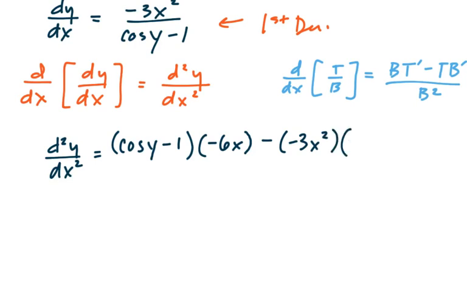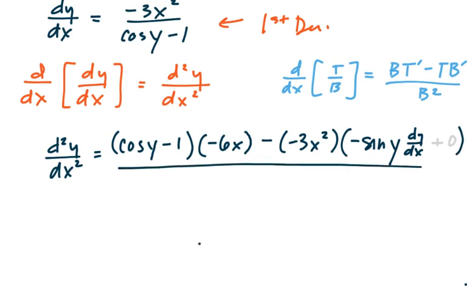And the derivative of my bottom, cosine y minus 1: the derivative of cosine is negative sine y. I took the derivative of y, so I write dy/dx, and the derivative of 1 is 0, so we don't really need to write that there. All of this is over the quantity cosine y minus 1 squared.